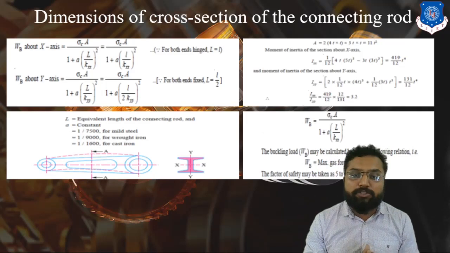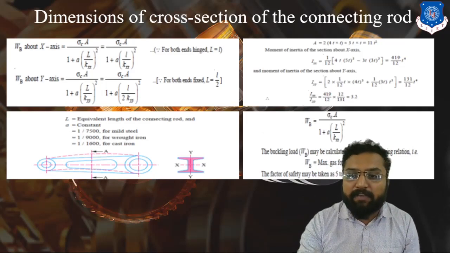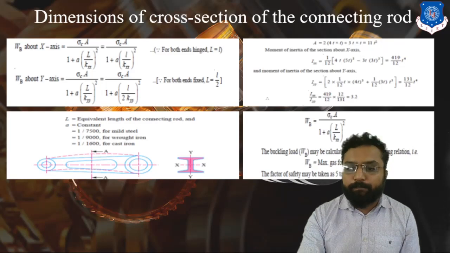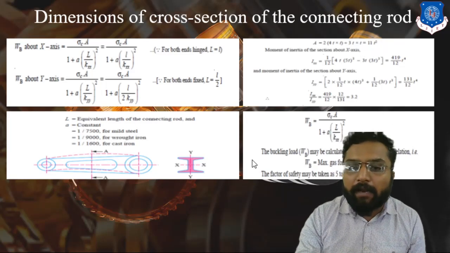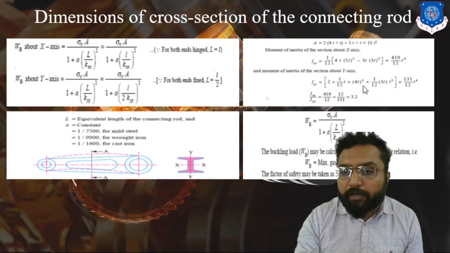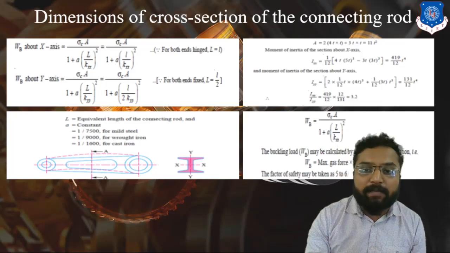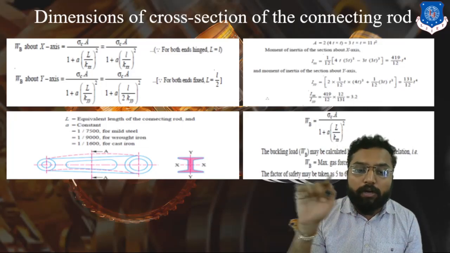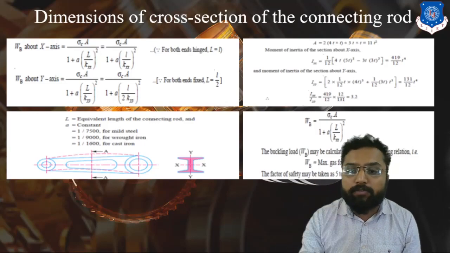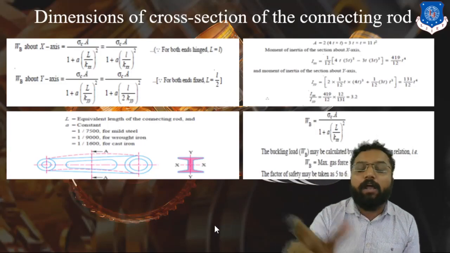Sigma C is the compressive stress. A is the cross section area, which we have found to be 11 t square. Clear? K depends on the material. K is nothing but I equals under root K A square. So ultimately K depends on our I.